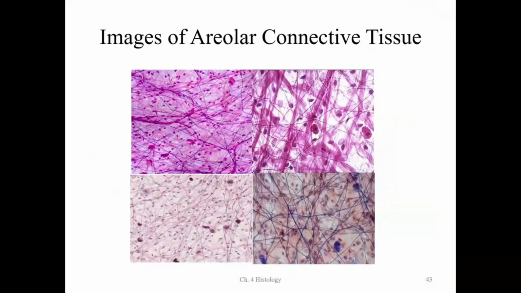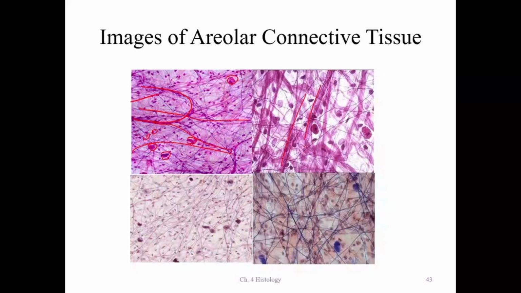So, one of the things you're going to see about this is there are fibers, okay, running through it of various kinds, and then all of these cells in a loose organization.